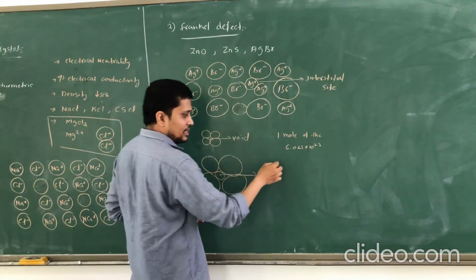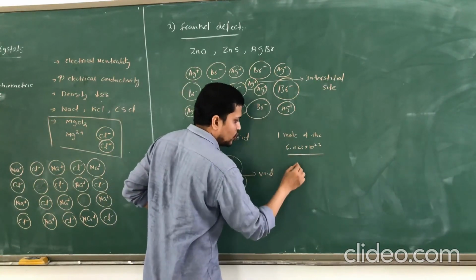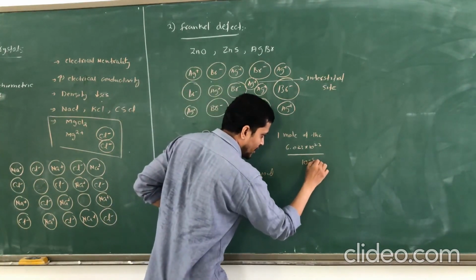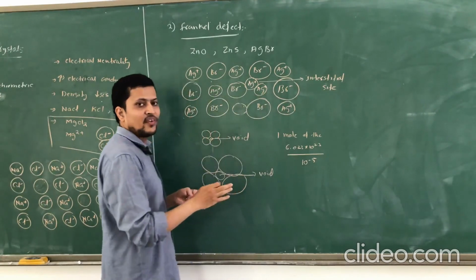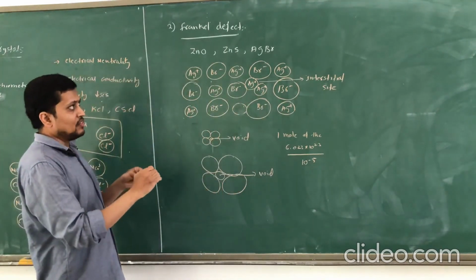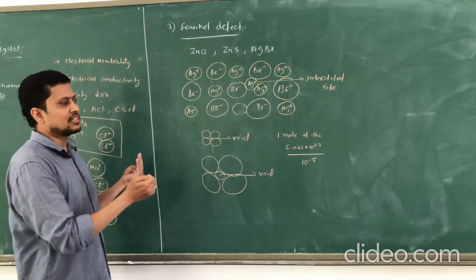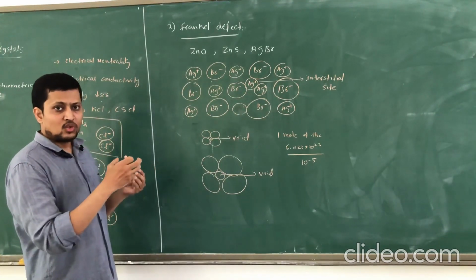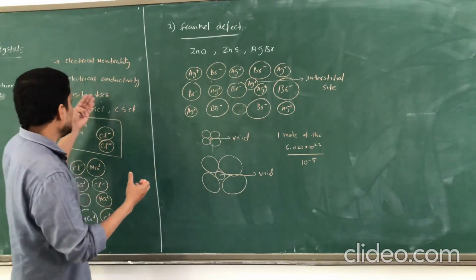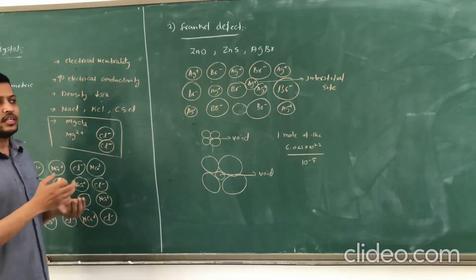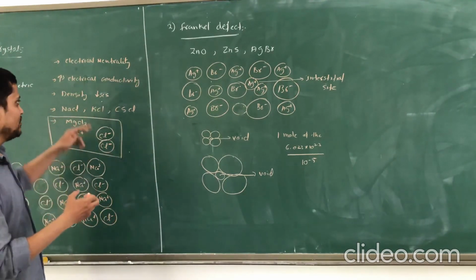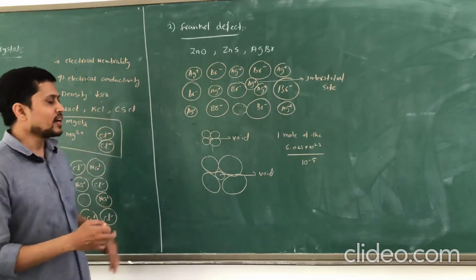In this 1 mole, only 10 to the power of minus 5 or even fewer defects are there. That means the defect produced in the given crystal is very, very small. So the electrical conductivity increase is also very small. Slight electrical conductivity increases for this defect as well.